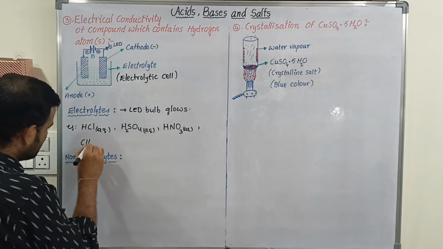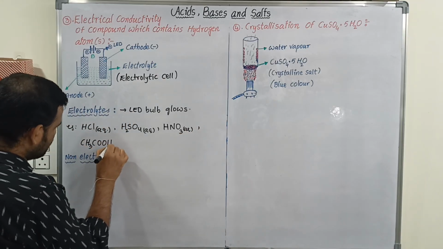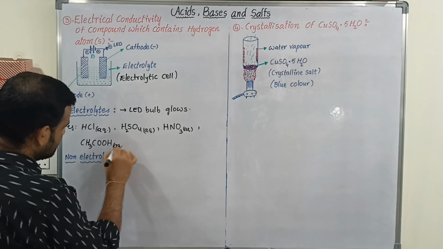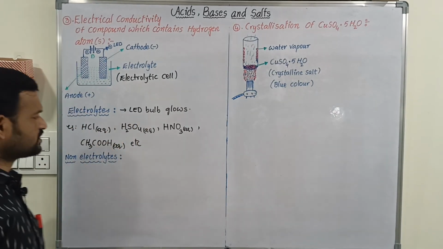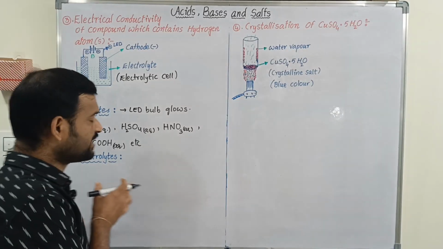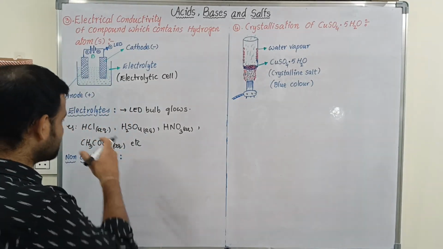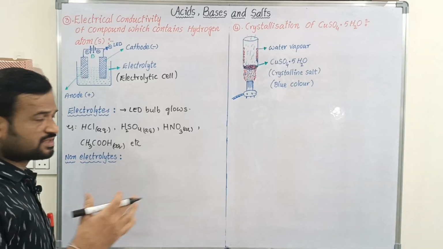So aqueous acetic acid CH3COOH, etc. So these are the acids containing hydrogen atom. So they will be ionized into H plus and their respective ions, means anions.